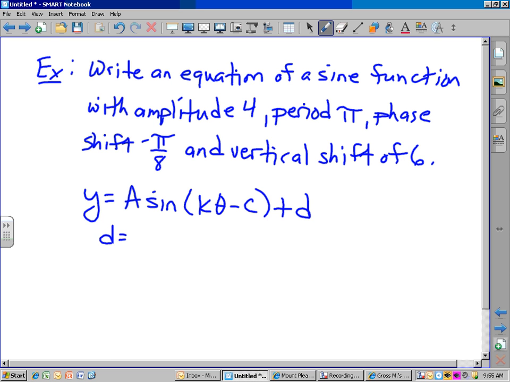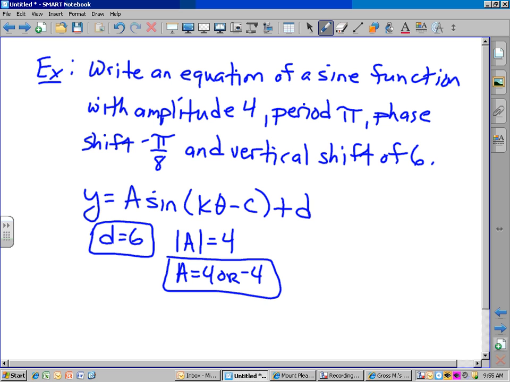D is your vertical shift of 6, so we know D. Okay, we'll keep that in mind. A. Now you got to be careful with A. The amplitude is actually the absolute value of A. So A could be 4 or negative 4. We're going to have to write 2 equations. One with the 4 out front, one with the negative 4 out front.